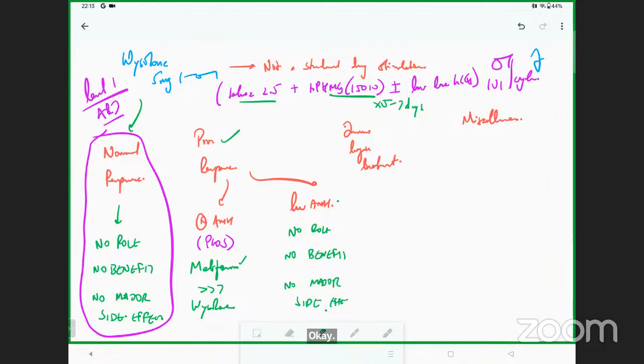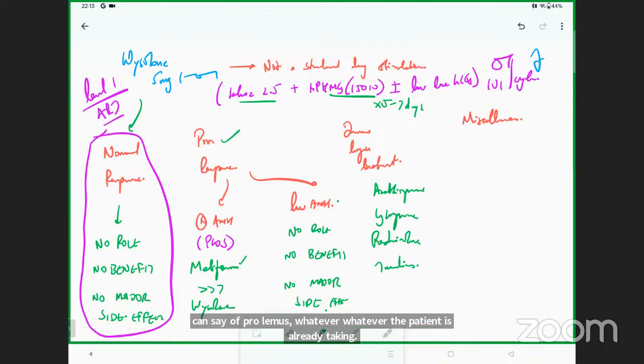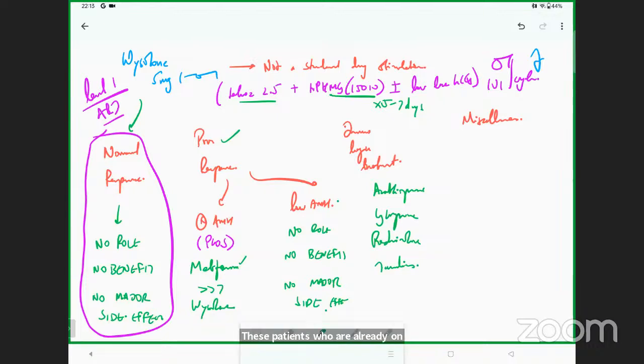Now, in immunological patients, the patient is going to be, let's say, on any form of suppression: azathioprine, cyclosporin, prednisolone, tacrolimus, whatever the patient is already taking. These patients who are already on immunosuppression, you need to ensure that majority of them are tapered off from azathioprine, cyclosporin and tacrolimus.